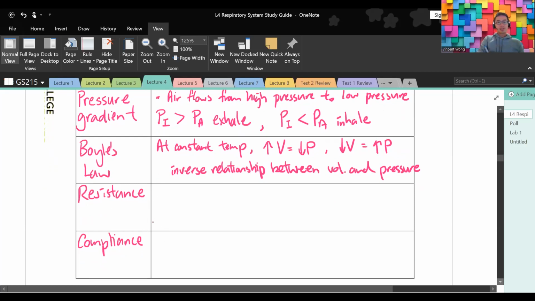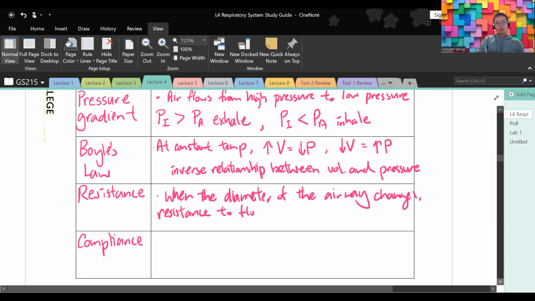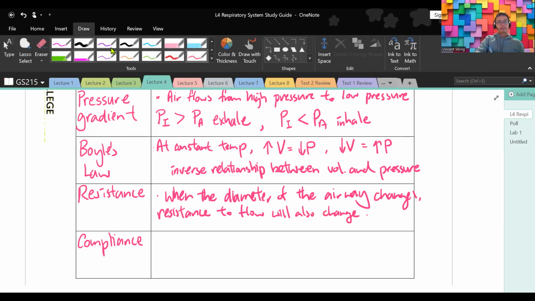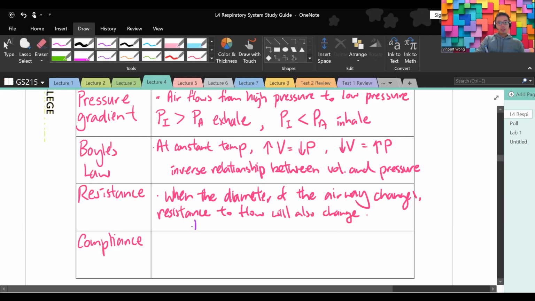Next, resistance. When the diameter of the airway changes, resistance to flow will also change. So let's say you decrease the radius, decrease the diameter.